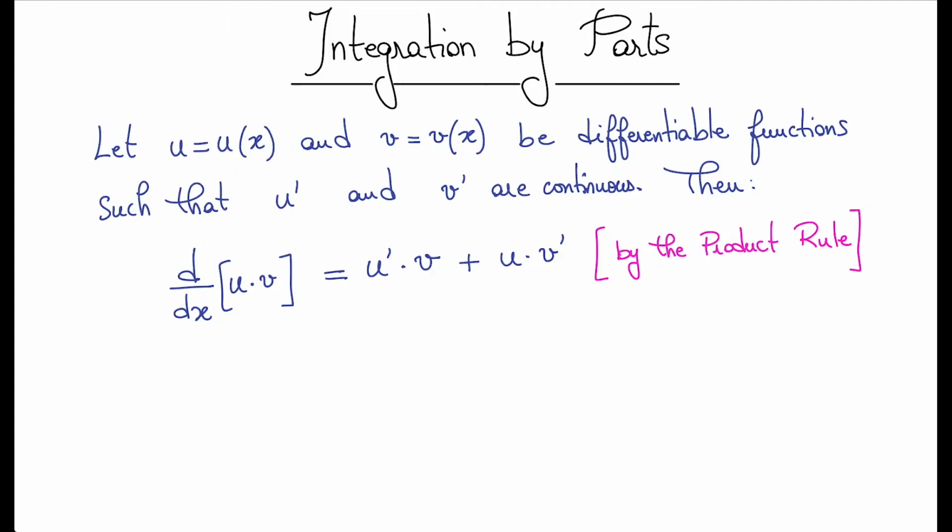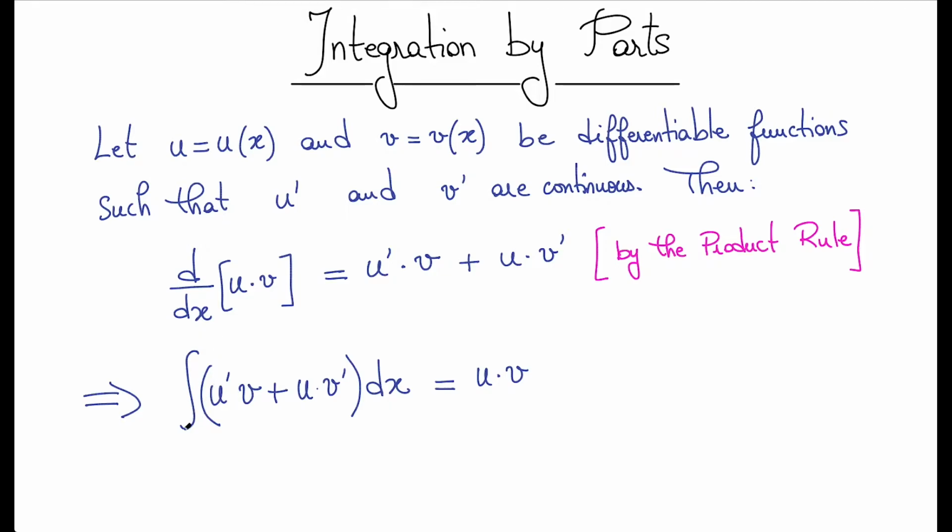Now what can you say then? This entails that this product uv is a primitive, or an antiderivative, of this function: u prime v plus u v prime dx. So uv is an antiderivative of this, right?